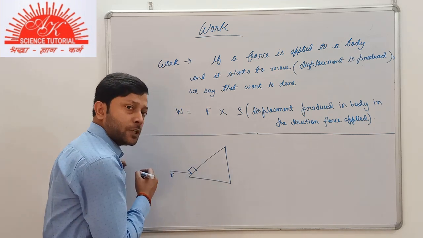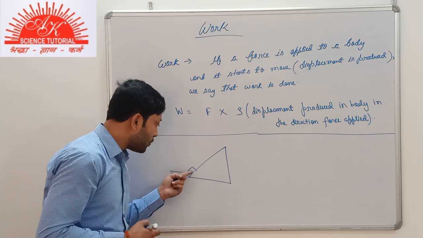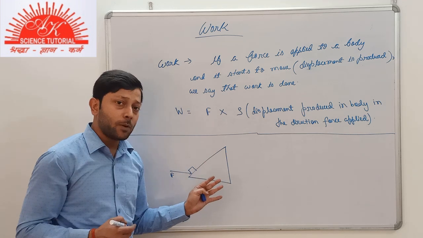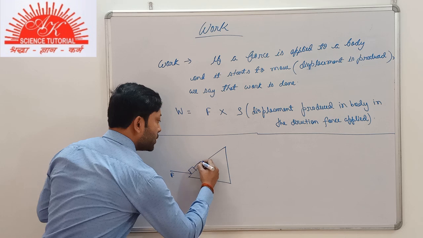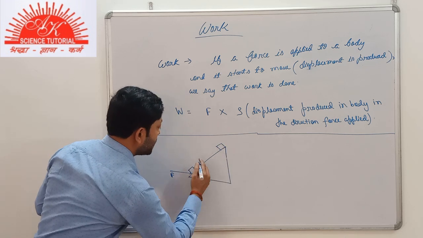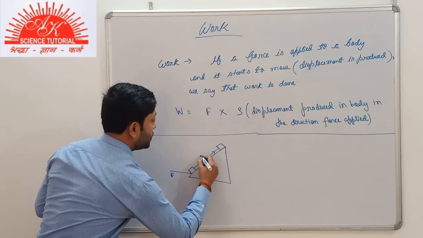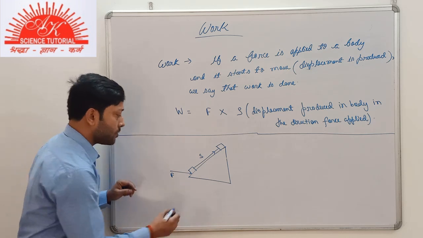But what about the displacement of the block? It is not possible that the block will go inside the inclined plane. Obviously, the displacement of the block will be in this direction, along the inclined plane. So this is our displacement. What do we observe?